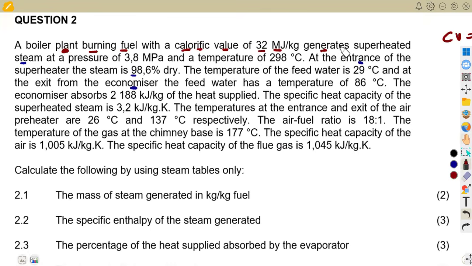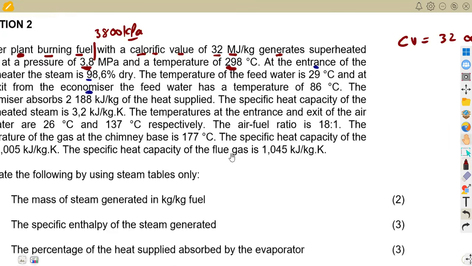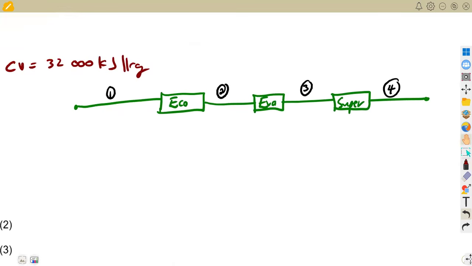They are saying the superheated steam at a pressure of 3.8 megapascal, and temperature. That's for the superheated steam. Remember, if you multiply by 1,000, that will be 3,800 kilopascal. So we have the temperature for the superheated steam. That's P4, so we've got P4 for the superheated steam, which is given as 3,800 kilopascal.